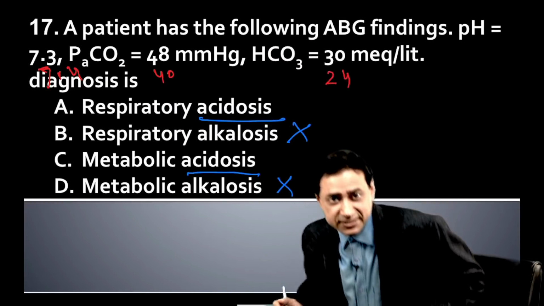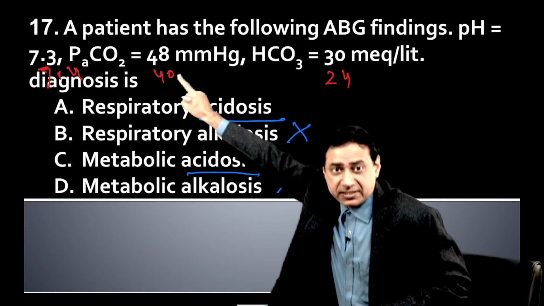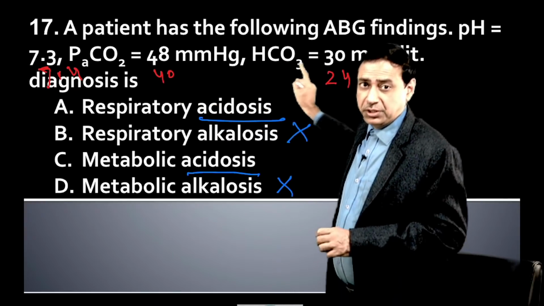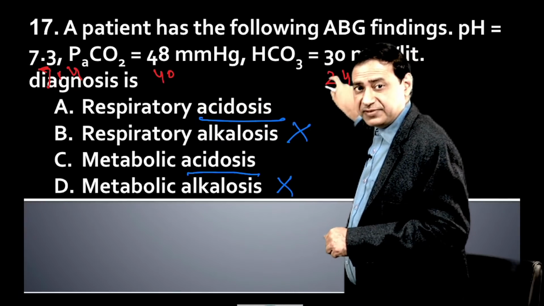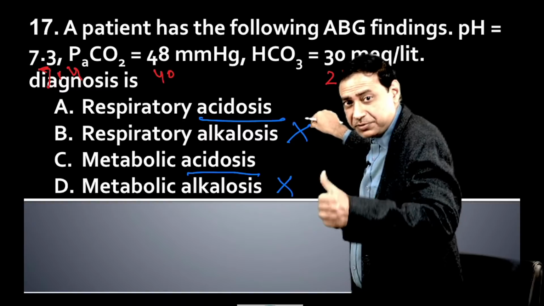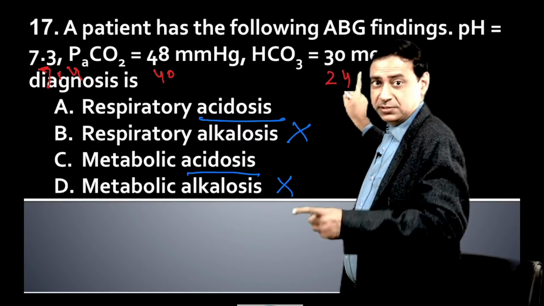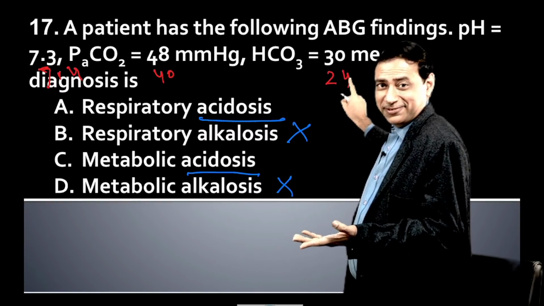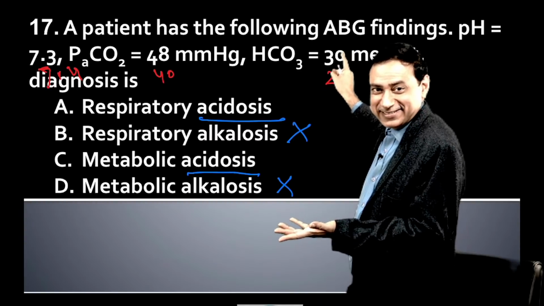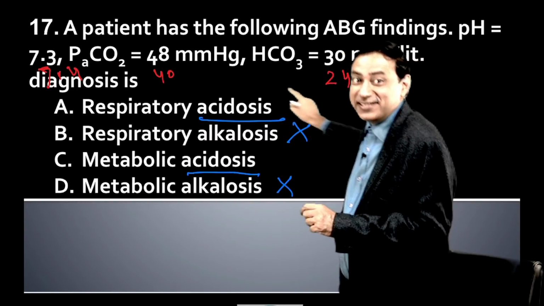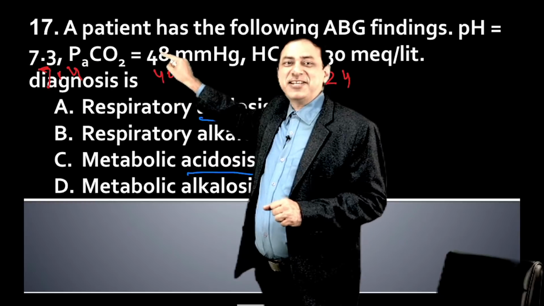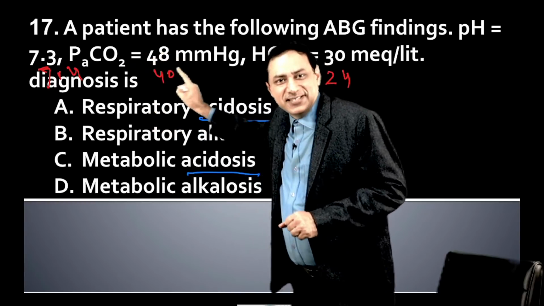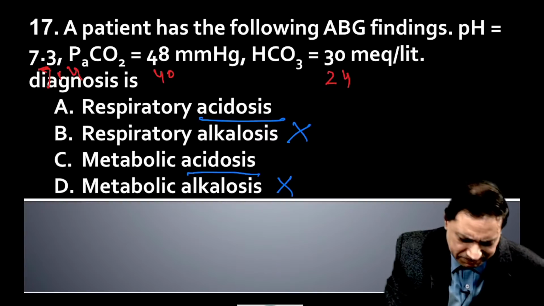Culprit can be this also: if less alkali is the culprit for acidosis, it is a metabolic cause. But alkali is not low, alkali is high, so this is not the cause. More carbon dioxide can explain that acidosis. Cause is respiratory.